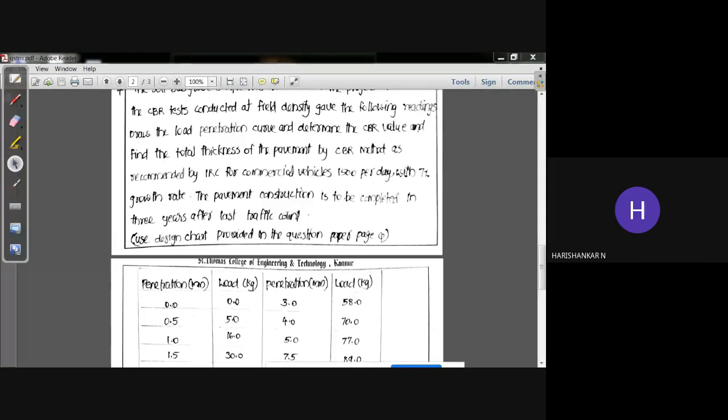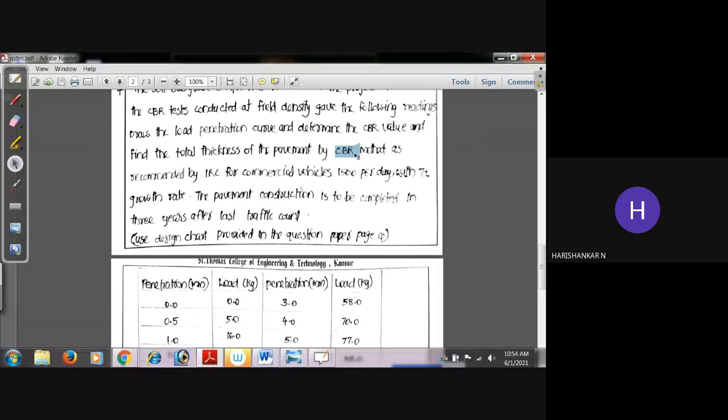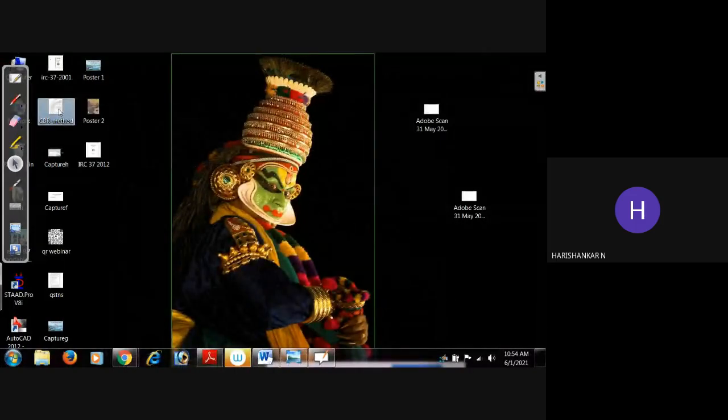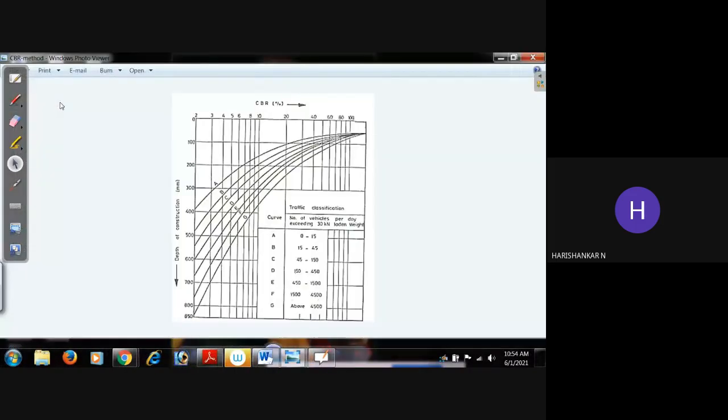Which design chart you may be provided with? Here you are solving the question based on the CBR method. So the CBR method is having which kind of chart? It is having this kind of chart. So with this chart, you have to find out the thickness.